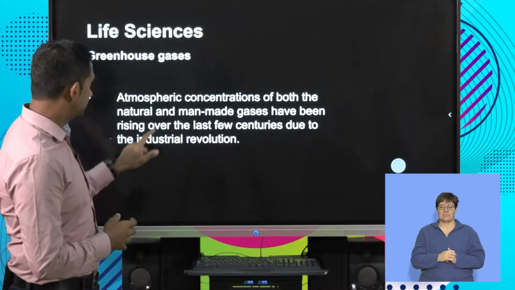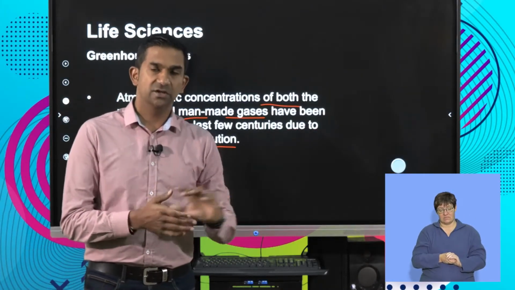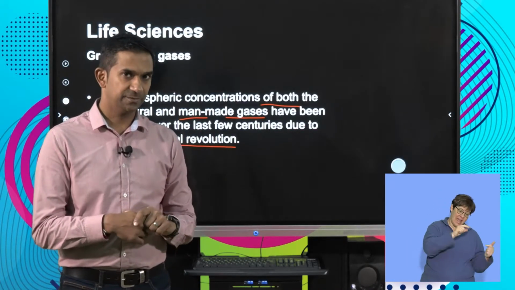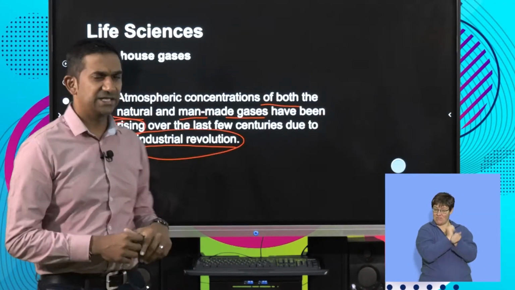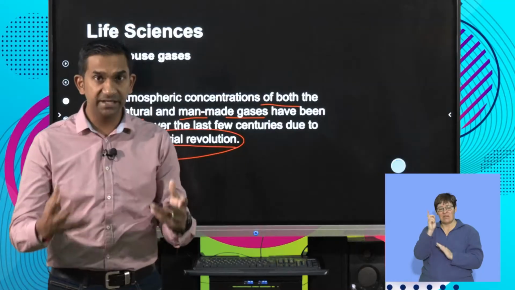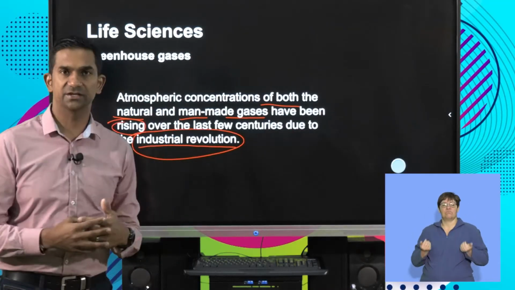Okay? The atmospheric concentration of both natural and man-made gases has begun rising over the last few centuries due to the Industrial Revolution. And so guys, when we track back these concentrations of the gases in the atmosphere, we have noticed that the Industrial Revolution, which led to the development of industries and mechanization, produced large amounts of greenhouse gases.